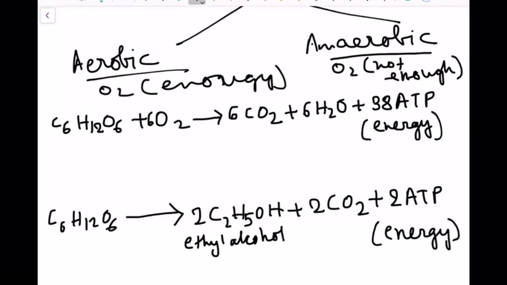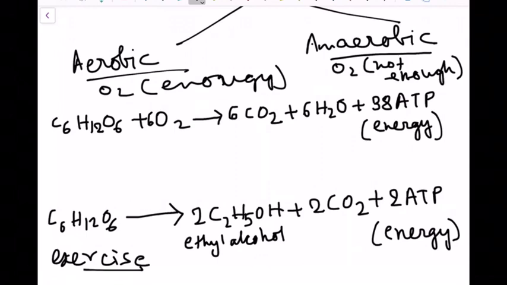So when does this take place? Generally, when we are exercising a lot, when we are running, jumping, doing karate, swimming, when muscles need a lot of oxygen, but that much oxygen is not available. We cannot supply that amount of oxygen, and we are just breathing in, breathing out.